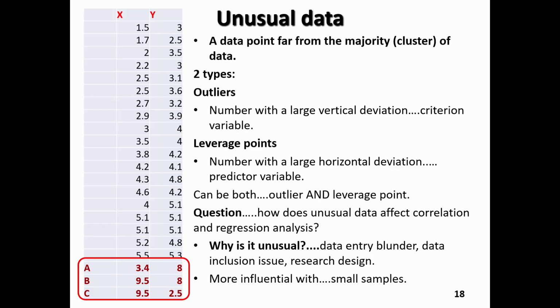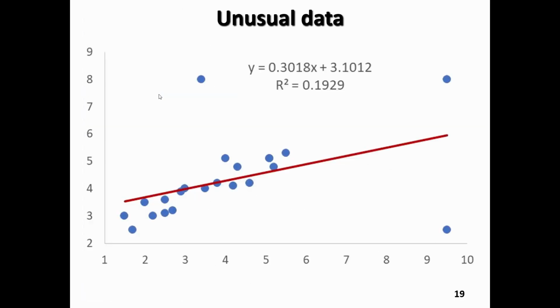On the next 5 slides, I'm going to generate scatter plots of these data with or without the unusual data labeled as A, B, and C. If we generate a scatter plot of all the data on slide 19, including A, B, and C, I use Microsoft Excel to generate this scatter plot.